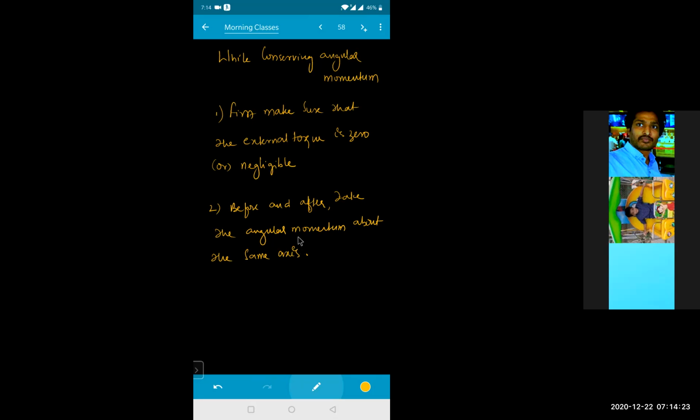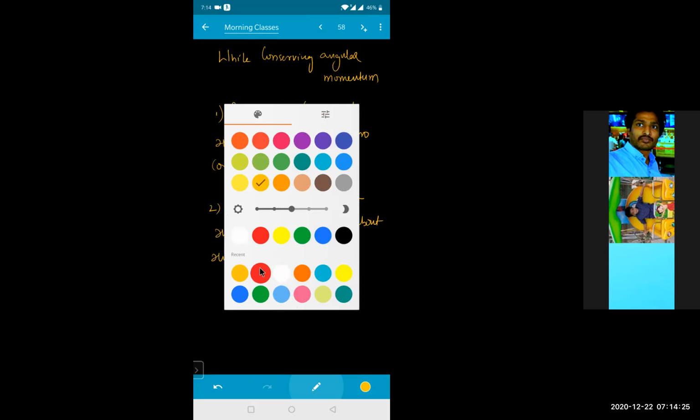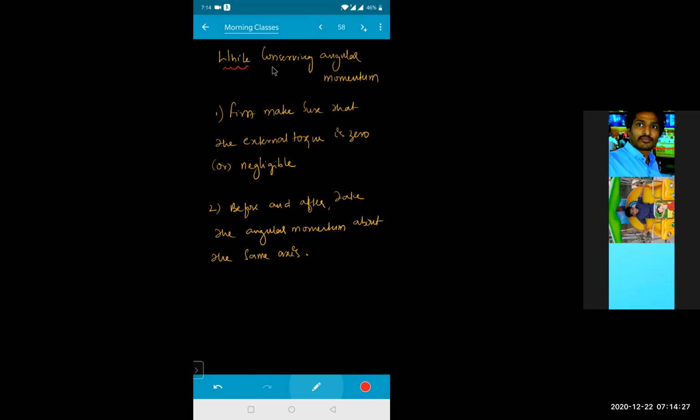So when the angular momentum is said to be conserved, if the net external torque acting on the system is zero, then angular momentum is conserved. Then what do you need to do? Before and after, take the angular momentum about only the axis of your rotation.